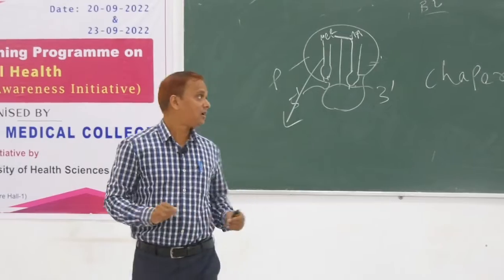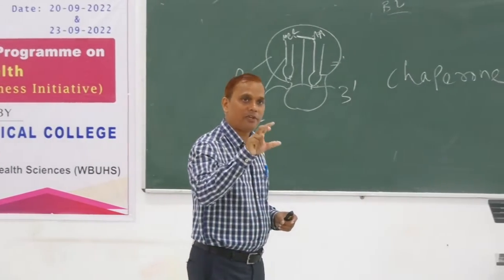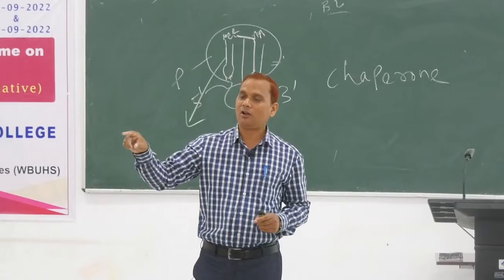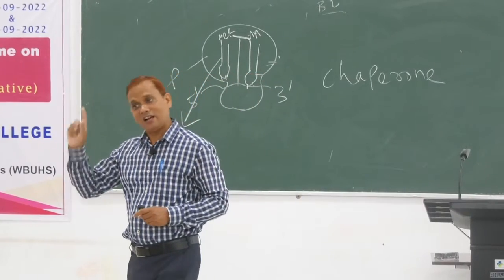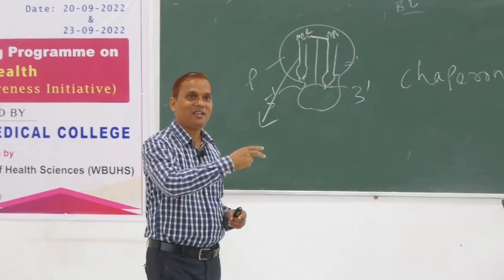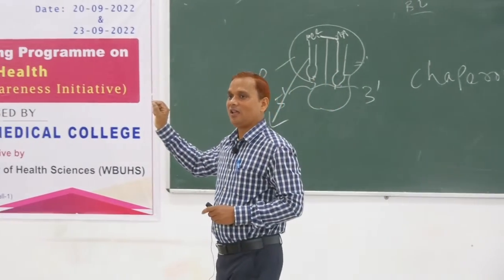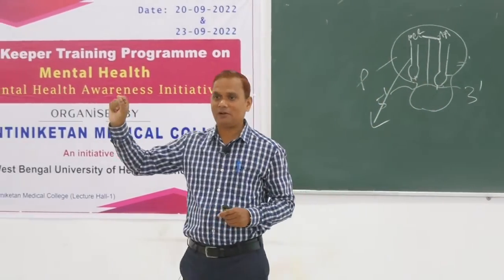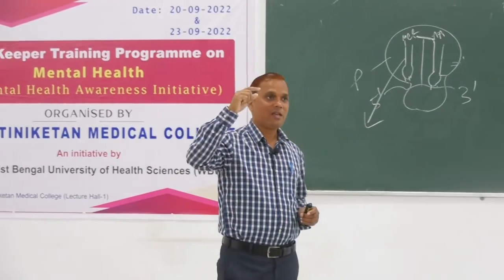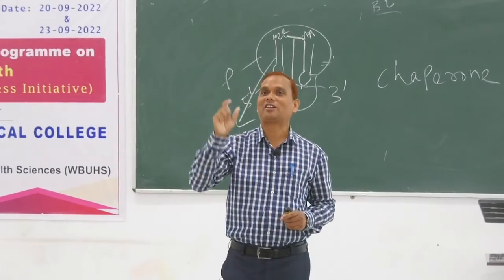Example: pre-pro-insulin to insulin. Pre-pro-insulin is inactive. When will it be active? Only after the C peptide and signal peptide are released from the two ends.